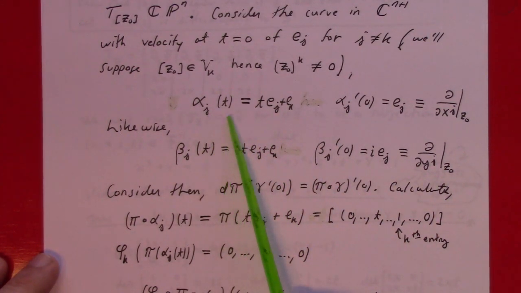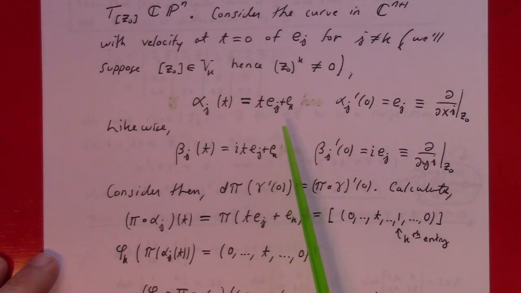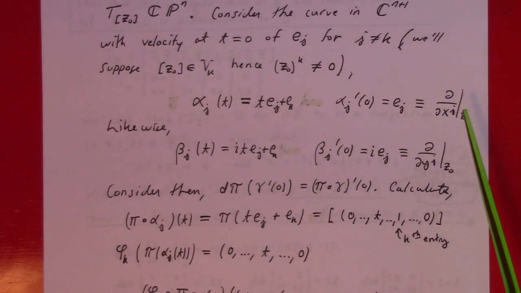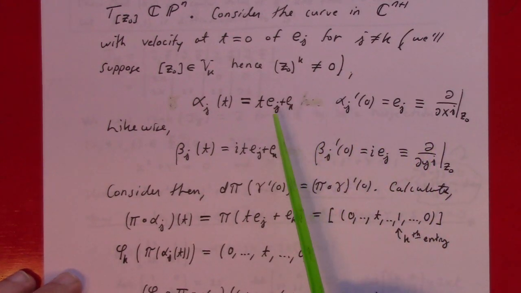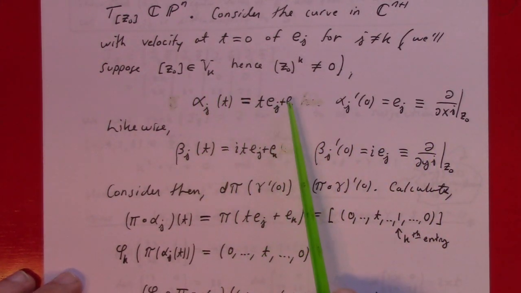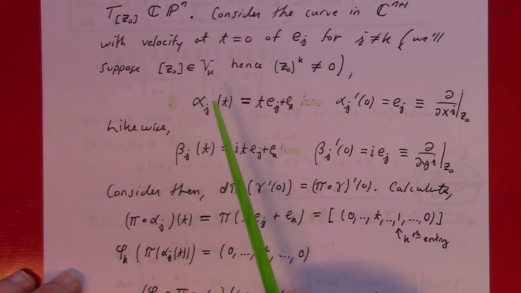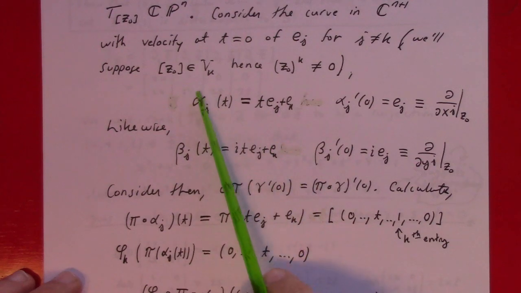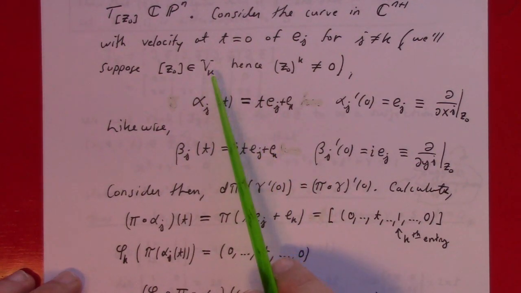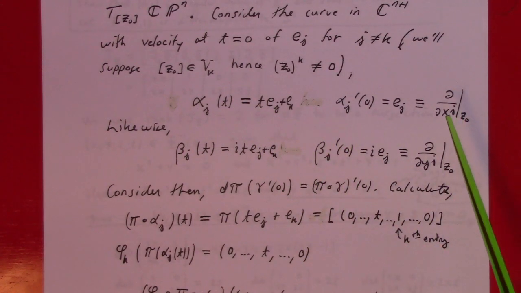So these are curves, alpha_j, beta_j. I can do one for each j, and each j not equal to k, of course, because I'm working for the z_0 in V_k, which have the kth component of z_0 non-zero, and as such, these really are curves in the inverse image of the V_k, which is what I called U_k.